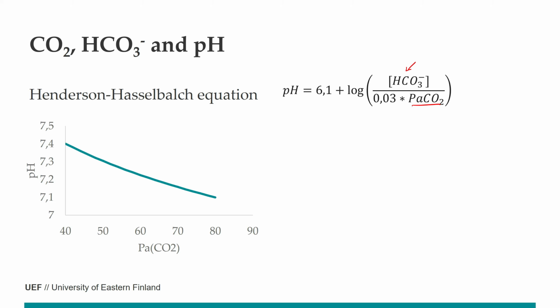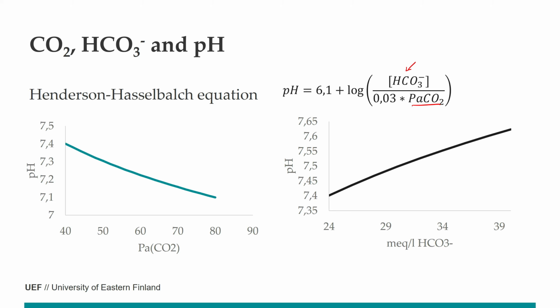And also, if we have more carbon dioxide formed into the molecule of bicarbonate, then the pH is rising, if the partial pressure is all the time the same. So that's why we want to have as much carbon dioxide in the form of bicarbonate in the blood as possible.